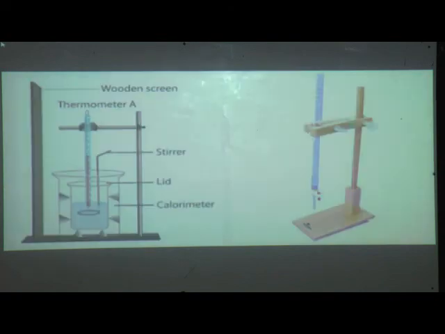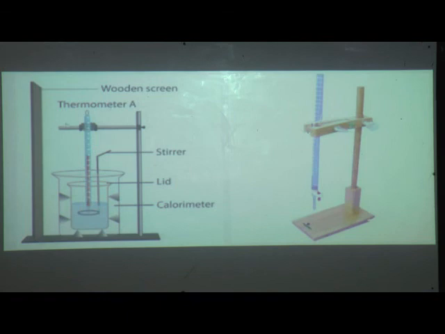Okay, in this image you can see how you have to use the laboratory thermometer. Here it is a jar, or a beaker it is called, and here you can see a stand. This is nothing but a stand, and this is a thermometer. And this red colored line is the mercury in the thermometer.